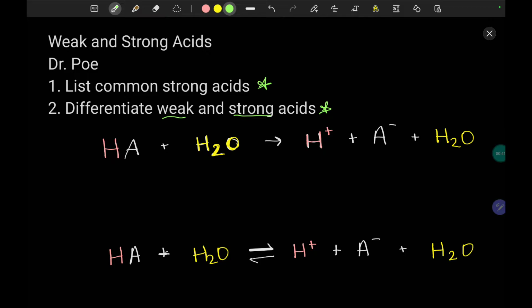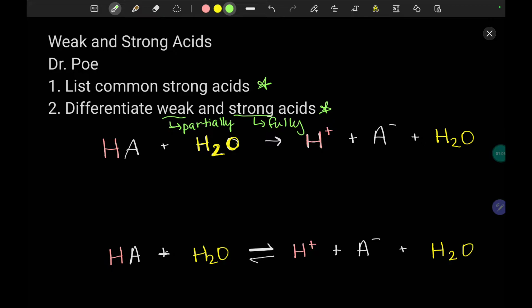Because if we remember our definition of acids, they are proton donors. So a strong acid is going to fully donate, and the weak acid is only going to partially donate. It's going to waffle back and forth in its equation.